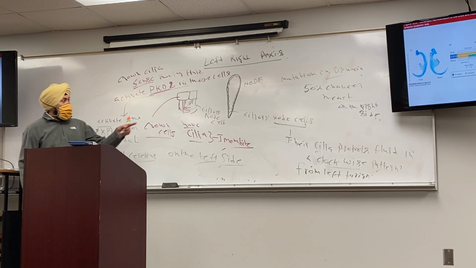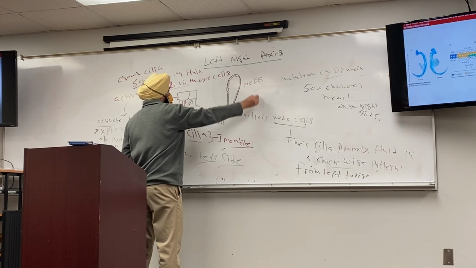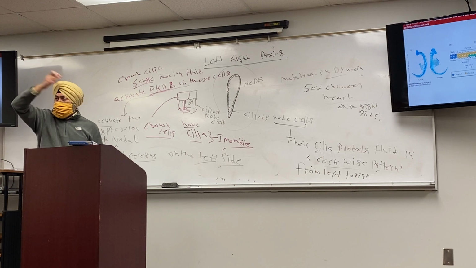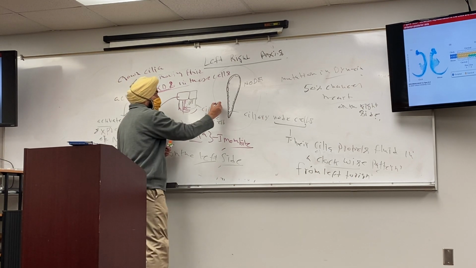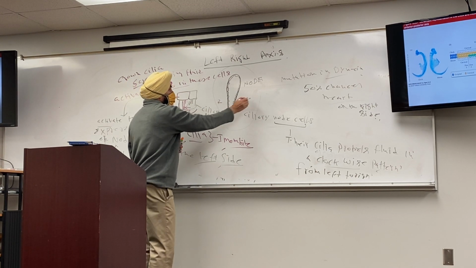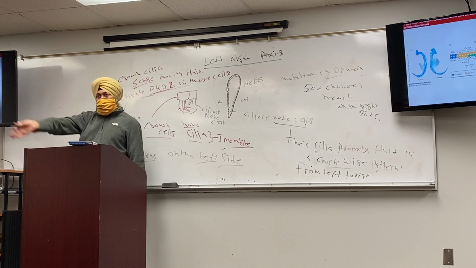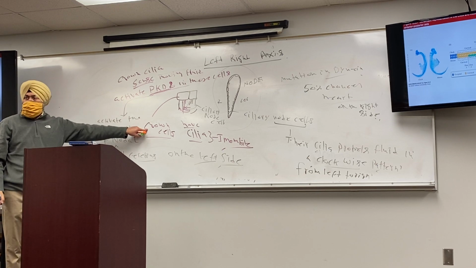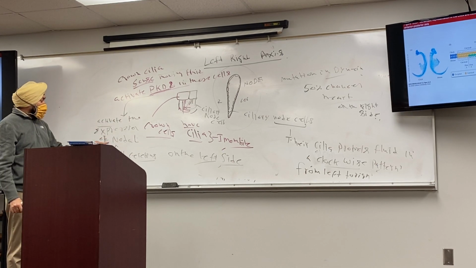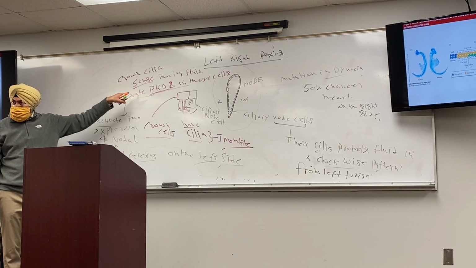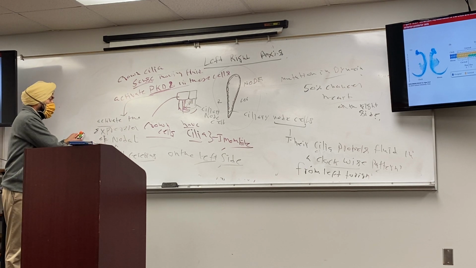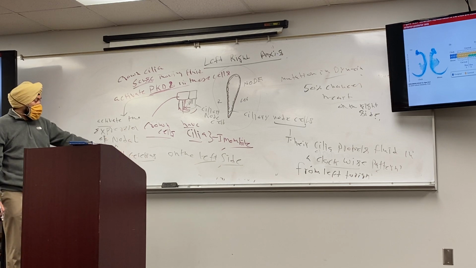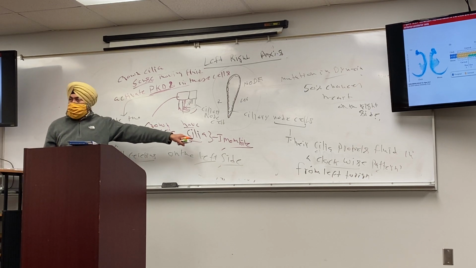Remember, this node has already determined which is the left side and which is the right side, because of the fluid going on right there. So when the fluid is moving, this is the right side, this is the left side. That fluid moving causes the activation of PKD in the crown cells. And when the crown cells are activated by the PKD activation, they activate the expression of nodal and inhibit the expression of cerebrus on the left side.